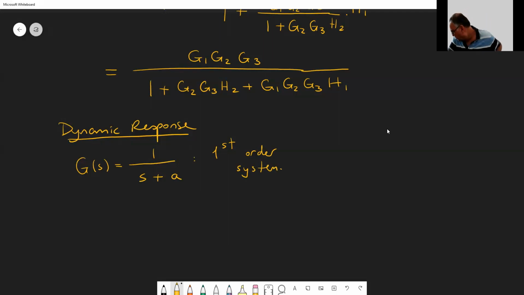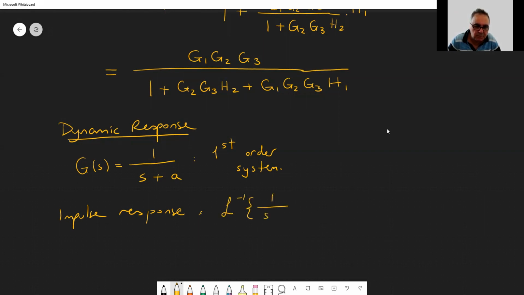Now, the impulse response of this system is, as you know, the inverse of 1 over S plus A, and that will be e to the minus AT, for t greater than 0.